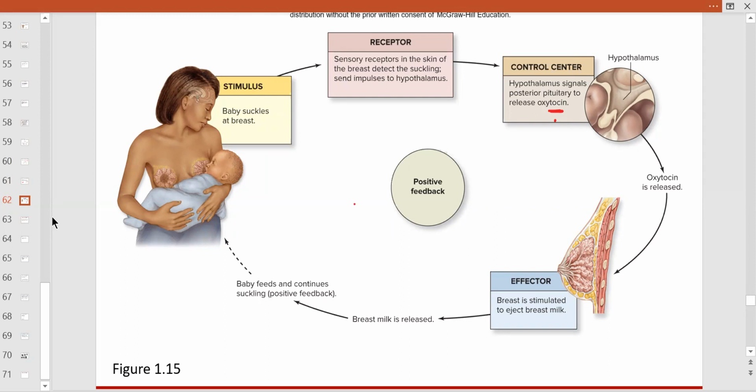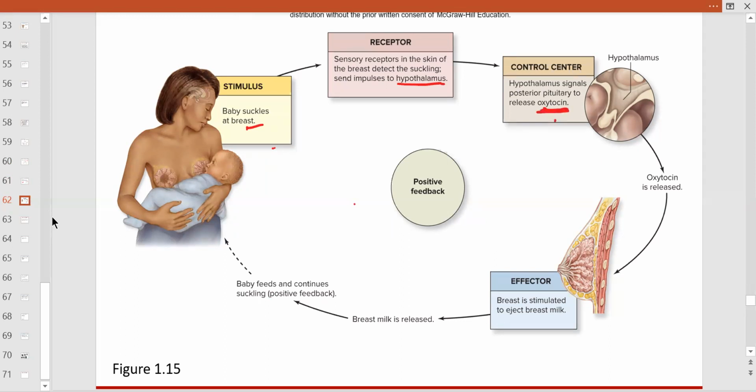So here, in this particular case, the stimulus is the suckling of the baby onto the nipple, the breast. The receptor, of course, in this case is my friend, the hypothalamus. And the hypothalamus releases oxytocin, in this case too, just like it does for the uterus.